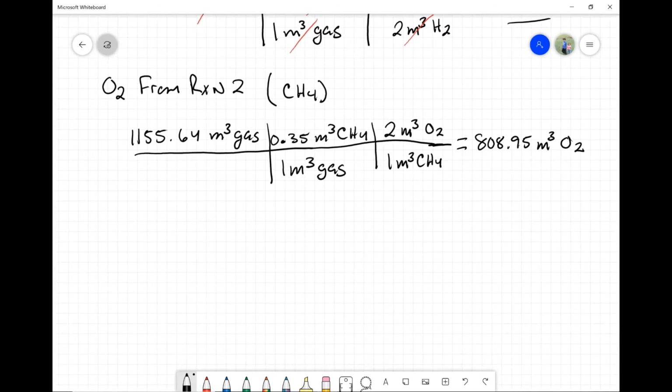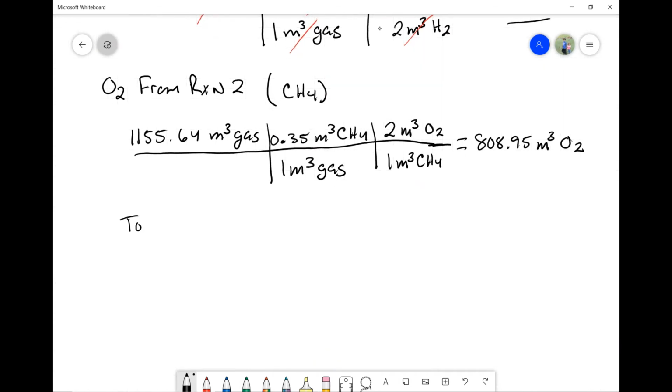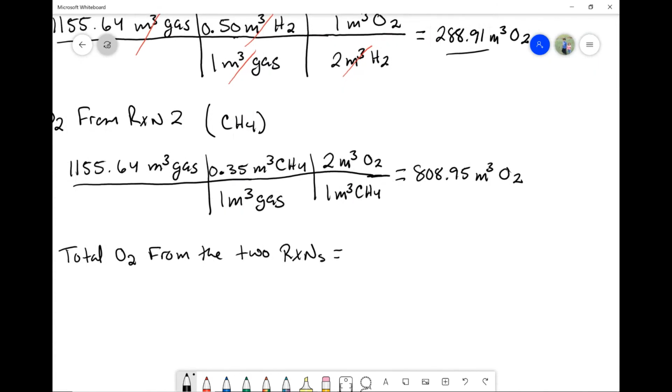All right, so the total O2 from the 2 reactions equals 288.91 cubic meters of O2 plus 808.95 cubic meters of O2.